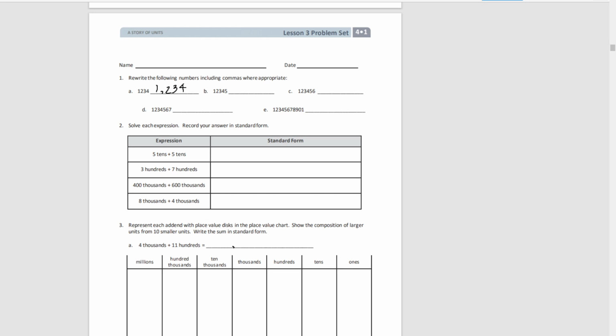Okay, pause the video and try B. So for B, we would have 12,345. And as you're writing these numbers and putting the commas in, practice reading them. See how much easier it is to read the number once you have the comma. Pause the video and try C. C would be 123,456.